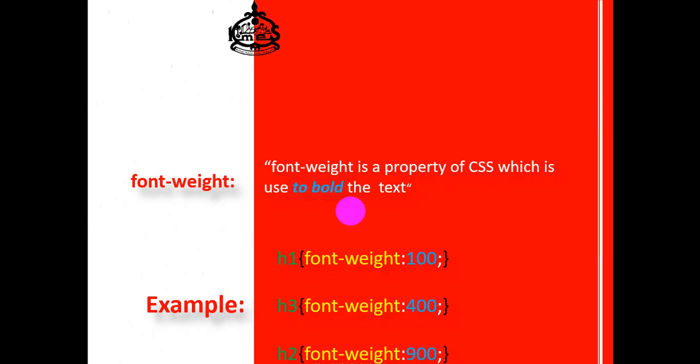If you want to change the thickness or boldness of the text or font, we will use the font weight property of CSS. In a simple way, font weight is a property of CSS which is used to thicken the text or make changes in the size of the text or font.